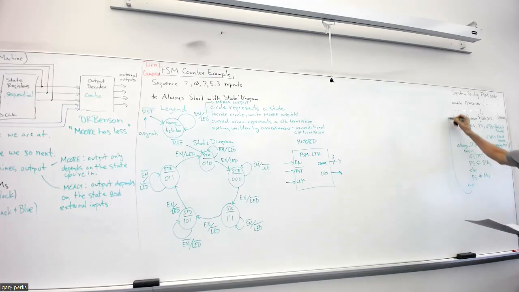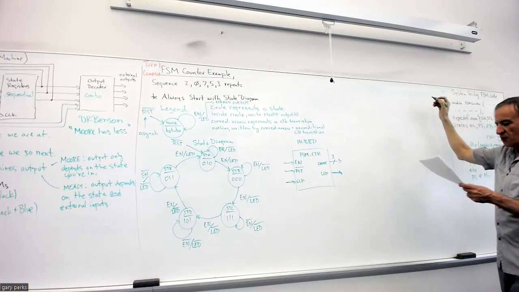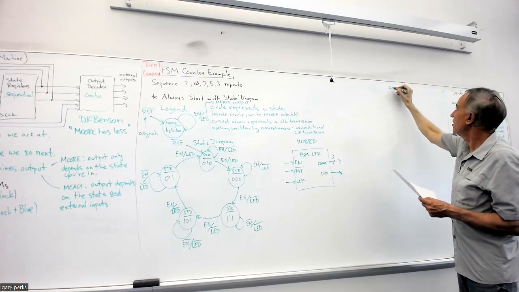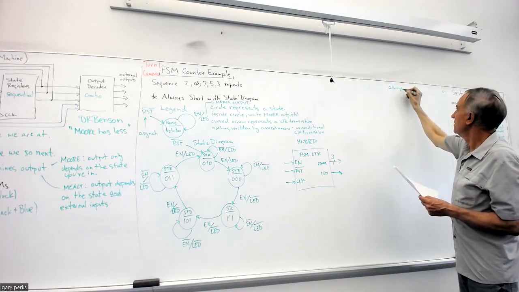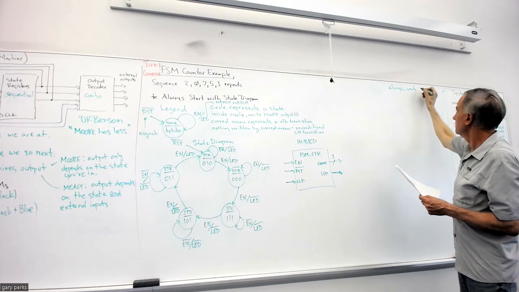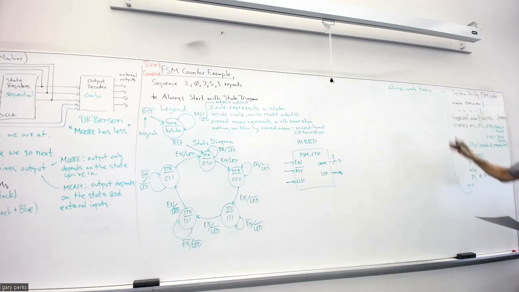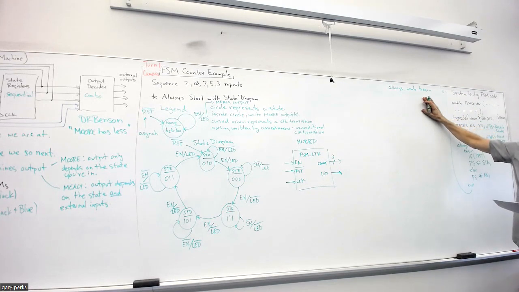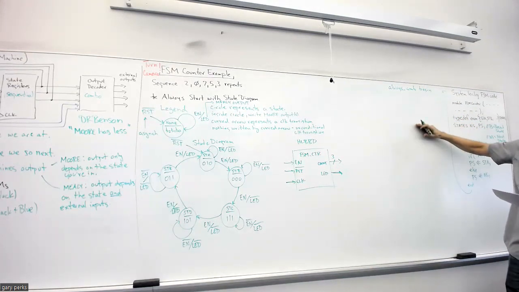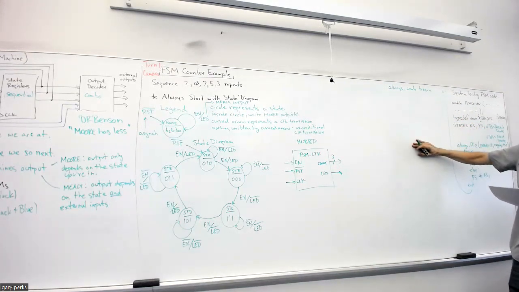After that comes your always comb block. So you're going to have an always underscore comb. We'll need a begin. Now the first thing I do in the always comb block is initialize my outputs. This is something that you don't have to do, but by doing it, you eliminate some code that you would have to write if you didn't.